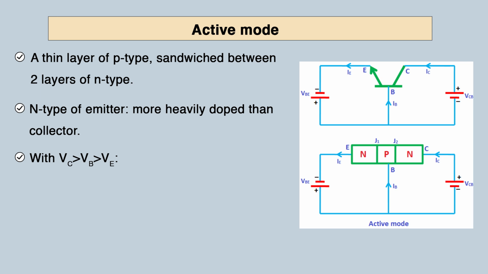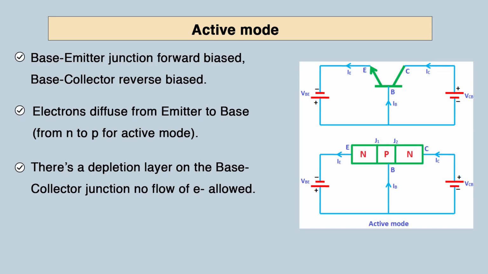So, there is one thin layer of p-type sandwiched between the two n-type layers. The n-type emitter will be more heavily doped than the collector. Now, when the collector voltage is greater than the base voltage and it is greater than the emitter voltage, that is Vc > Vb > Ve, the base emitter junction will be forward biased and base collector junction will be reverse biased. Electrons will diffuse from emitter to base, from N to P in the active mode.